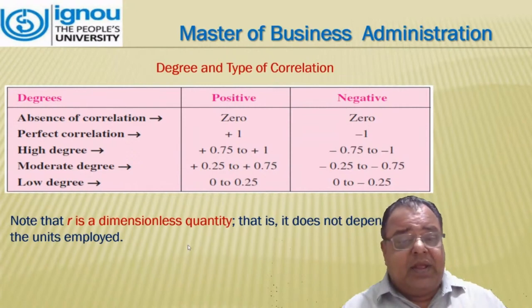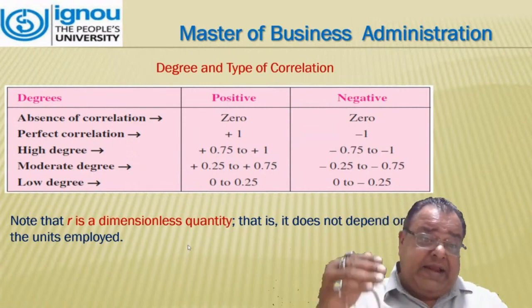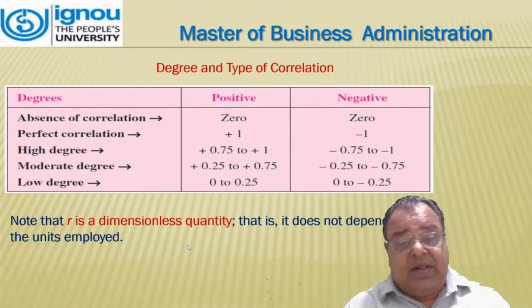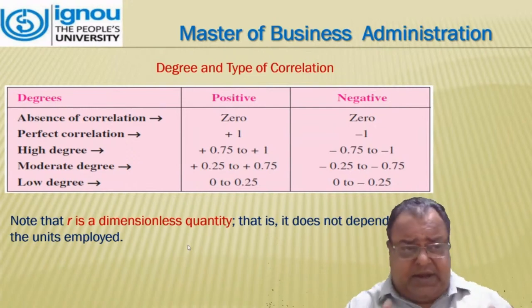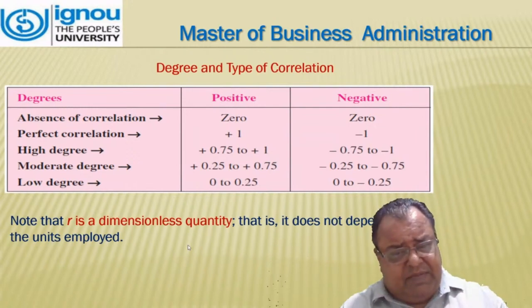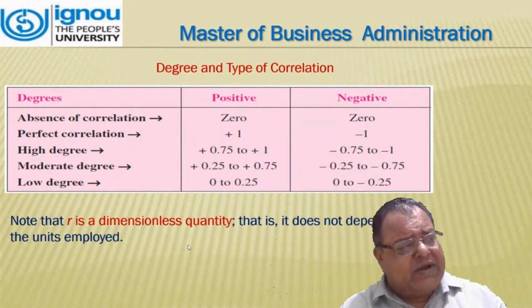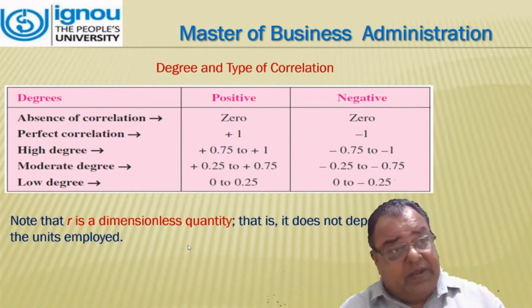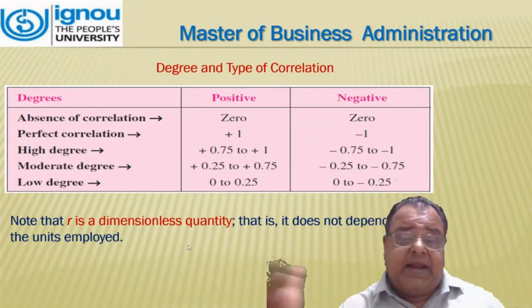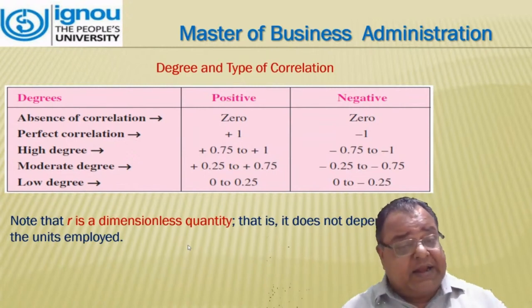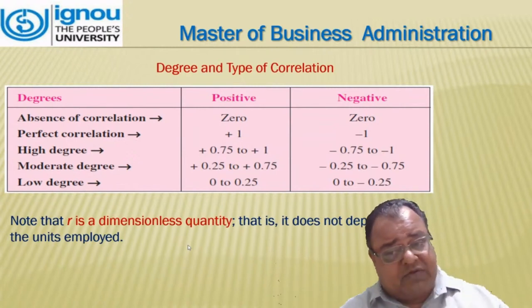If we talk in terms of high degree of correlation, the value of r will be between 0.75 to 1 in the positive direction, and in case of negative, it will be -0.75 to -1.